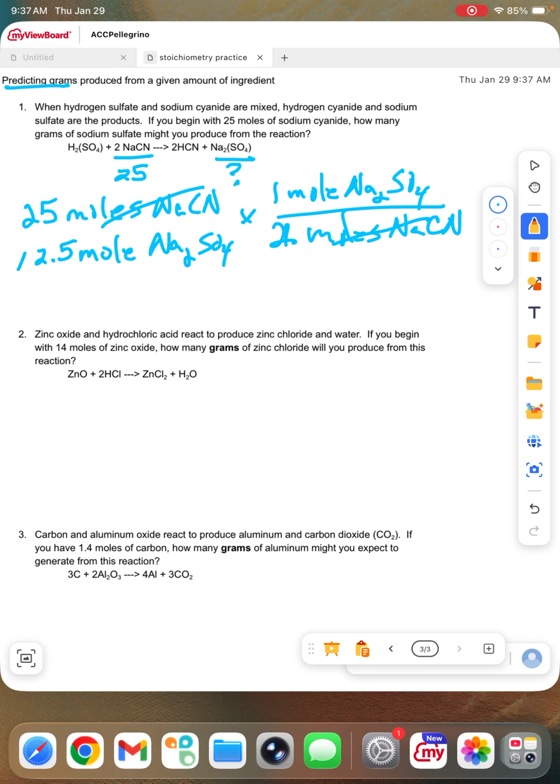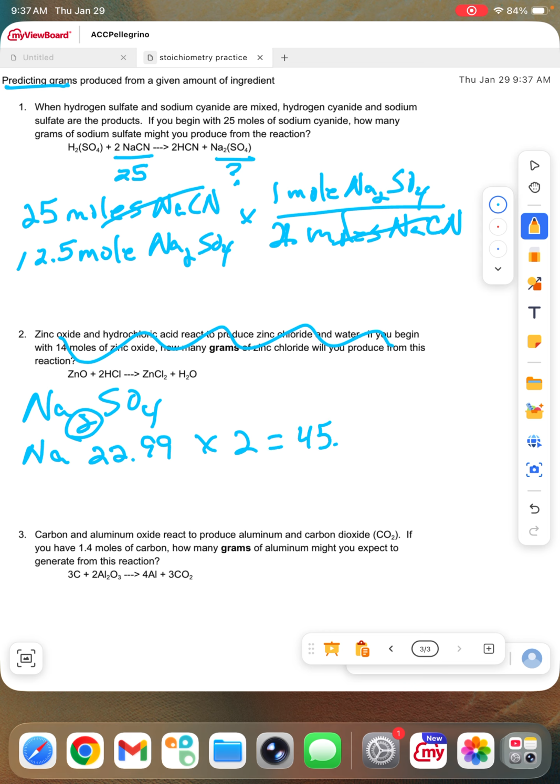So the first thing we need to do is figure out the molar mass of sodium sulfate, and I'm going to just work on that down here. So the molar mass of sodium is 22.99, and we'll multiply that by 2 because there's 2 sodiums. So that would be 45.98. Okay.